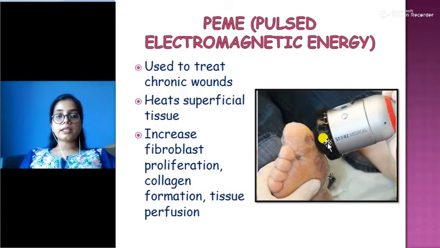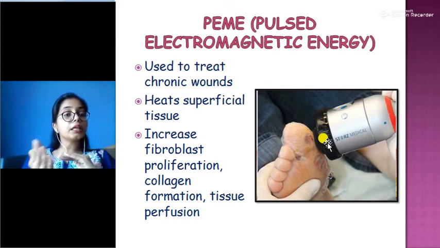Now, pulsed electromagnetic energy is very useful in treating chronic wounds. It heats the superficial tissue. One important point here is that PEME increases fibroblast proliferation. Fibroblasts are the precursor cells for collagen formation.